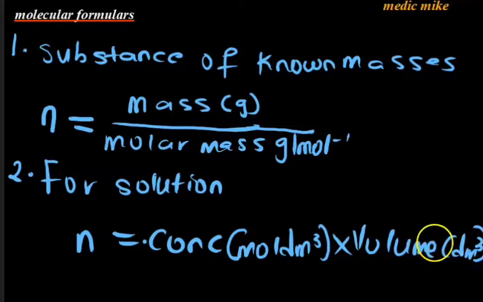Most times your volume will be given to you in cm cube, so what you have to do is to divide by 1000 to get your volume in dm cube.